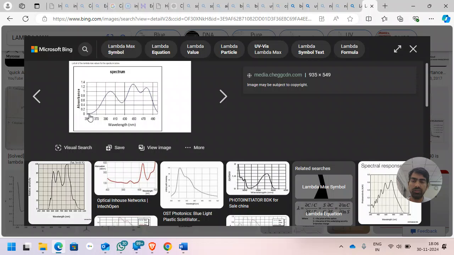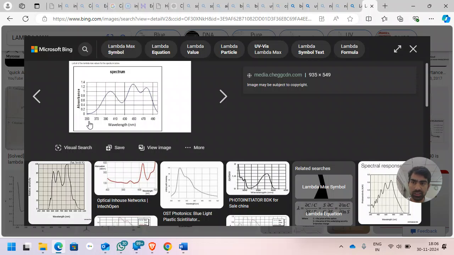We take a sample of KMnO4, which is low or medium concentration, and we scan from 200 to 800 nanometers. The maximum absorbance should be 1; below 1, where we get the maximum peak, we select as lambda max.